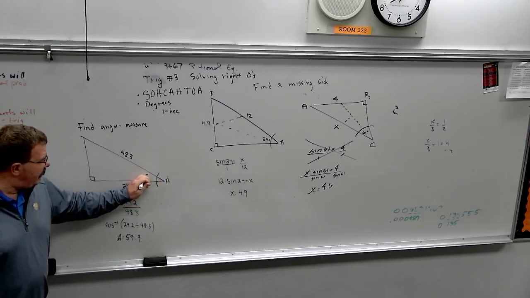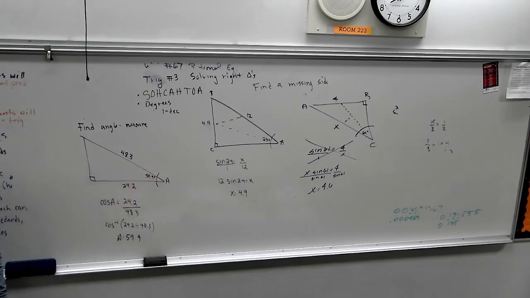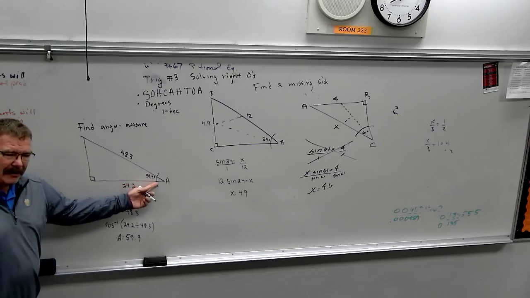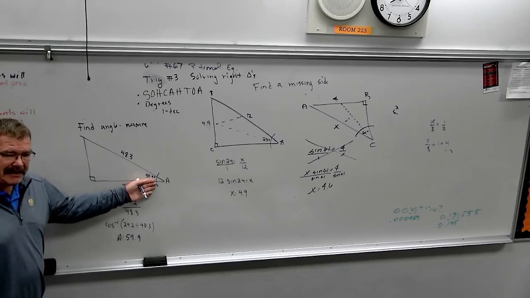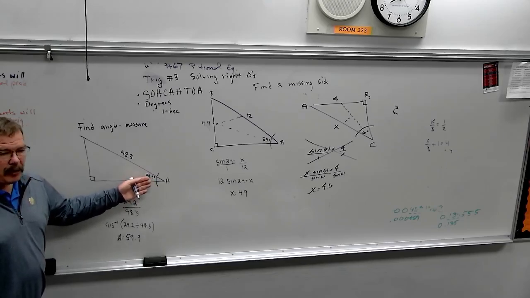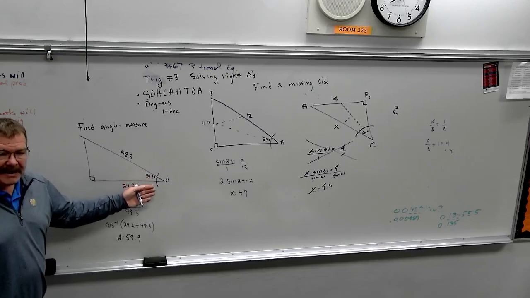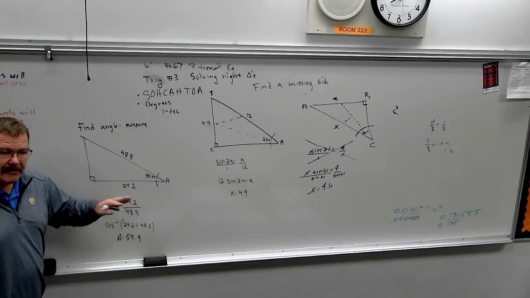If you enter this wrong and you get something like 0.0062, how can that be an angle measure? That doesn't seem right. A lot of times your answers are going to be 34.6 degrees, 48.3 degrees, answers that kind of make sense. Negative 0.662 does not make sense as an angle measure. That just means you entered it wrong.